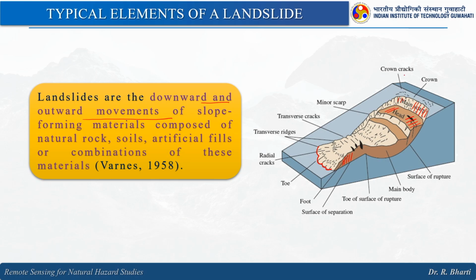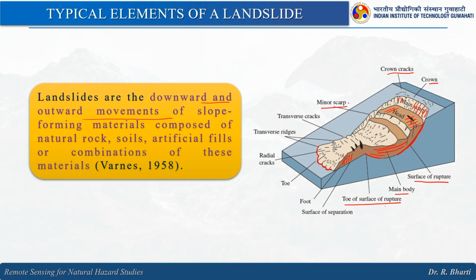Now here you can see this is the crown crack, this is the crown, this is the surface of rupture, right, and this is the main body. This is the main mass of this landslide. This is the toe of the surface of rupture, because you see this is the surface of rupture here and this is the toe of the surface of rupture, right.